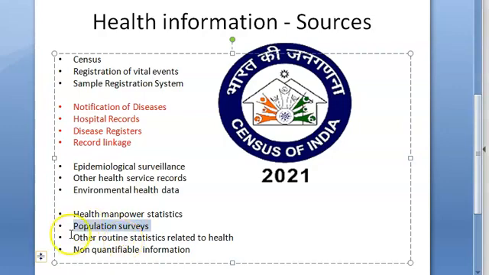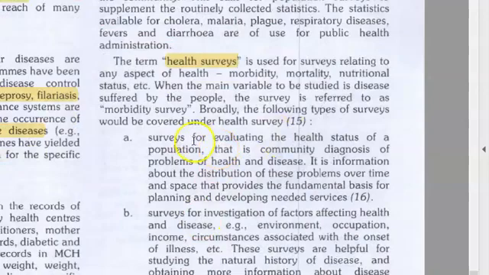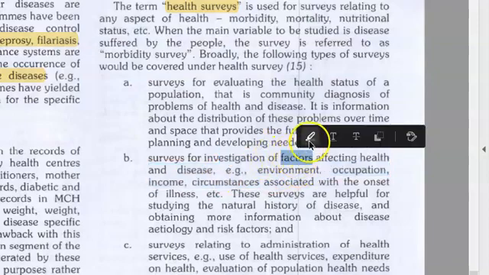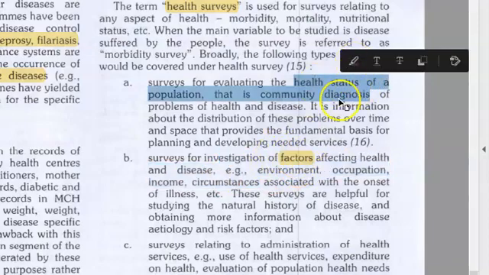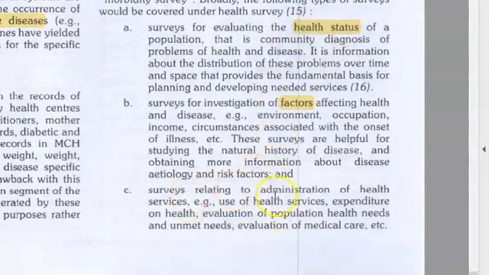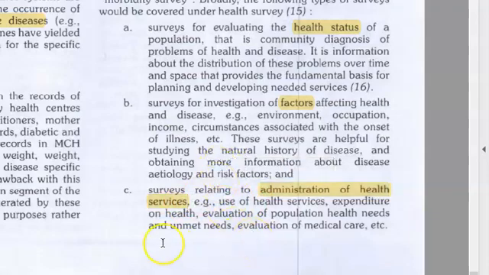What about this population survey? Is it different? Shall we go and check this out, or just go in order? So population survey says health surveys. Surveys for evaluating health status, investigating the factors affecting health status, administration of health services, use of health services, whether people are using them or not.